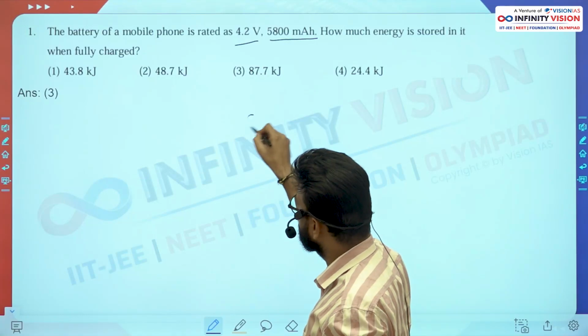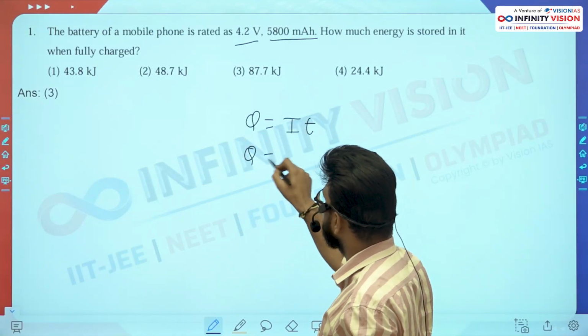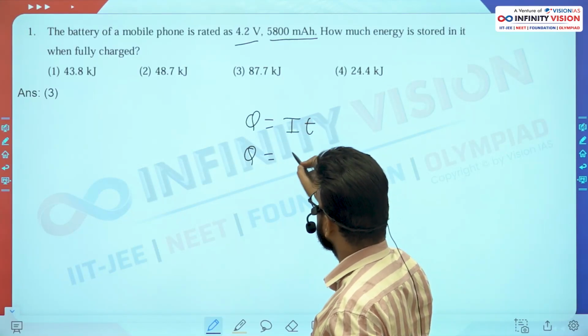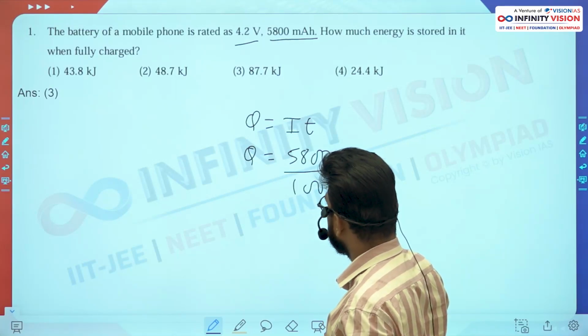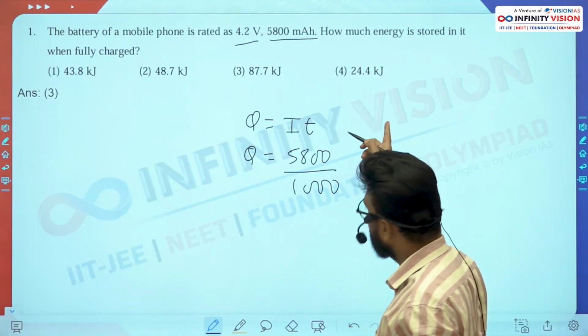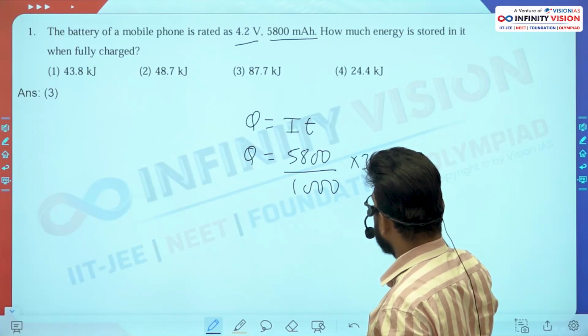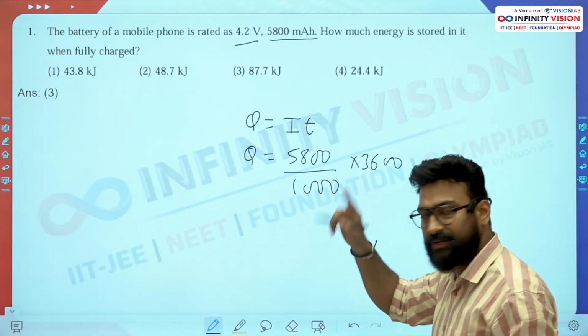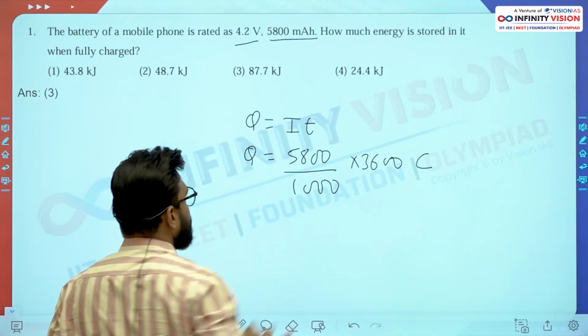We already know that Q is equal to IT, and this charge is nothing but 5800 milli, which is 1000 ampere hour. What is ampere hour? You have to multiply it with 3600 in order to get ampere second. So this would be in coulomb.